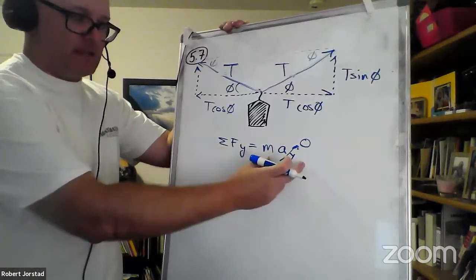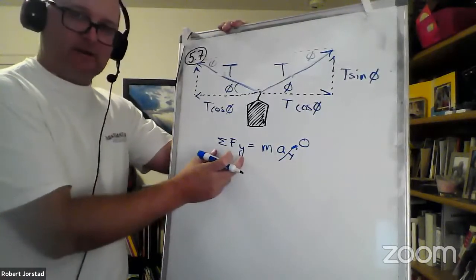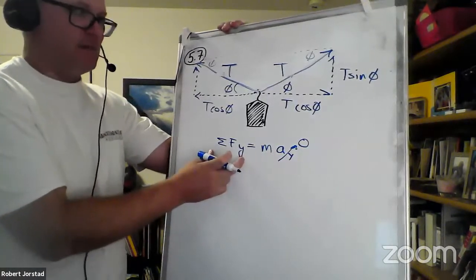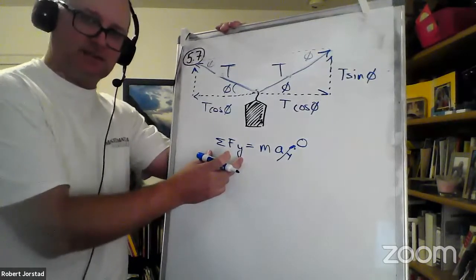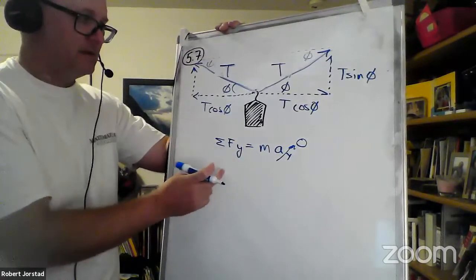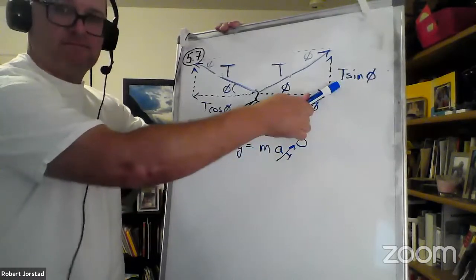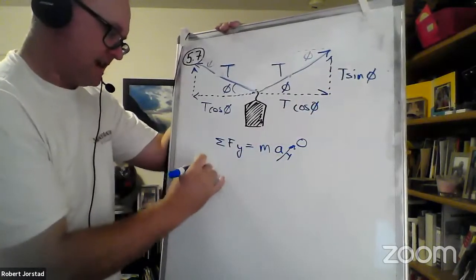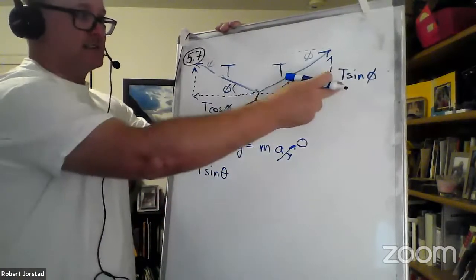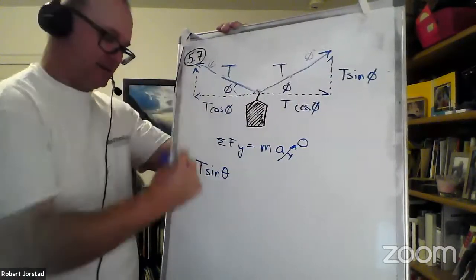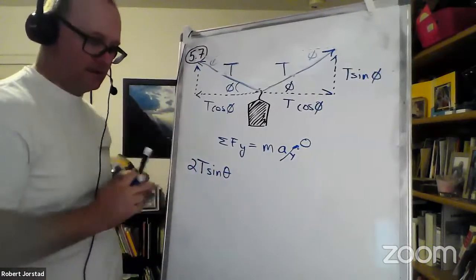Remember, this came from the acceleration. These come from the arrows up and down. Give me one arrow that's going up or down and tell me the force magnitude associated with that arrow. T sine theta. That's where I was going. Did that make sense? And since there's one here and one over here, there are actually two of those.